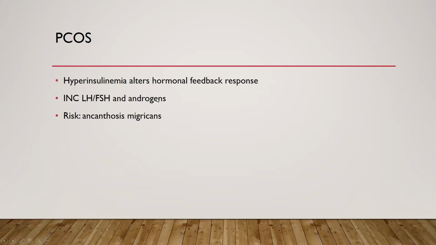That will therefore affect your follicles. You'll see a decreased rate of follicular maturation. So you'll have more unruptured follicles that will present themselves as cysts in the ovary, hence the polycystic component. There are multiple follicles that haven't ruptured and gone through that final process to then be reabsorbed.